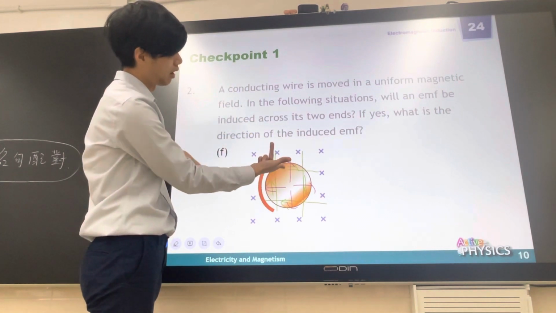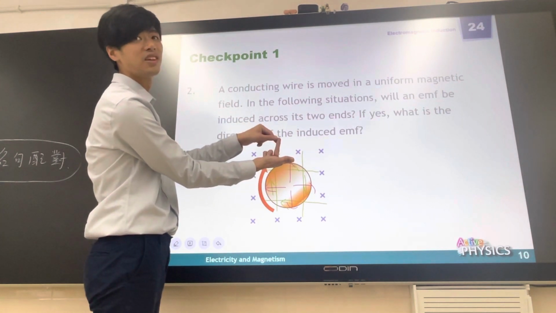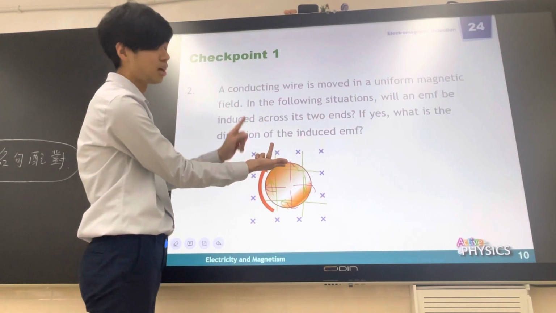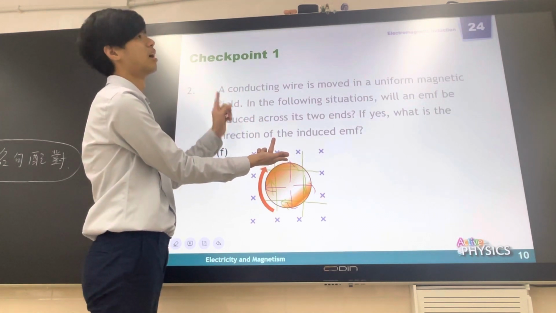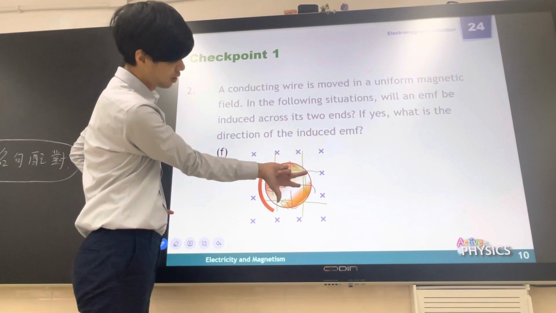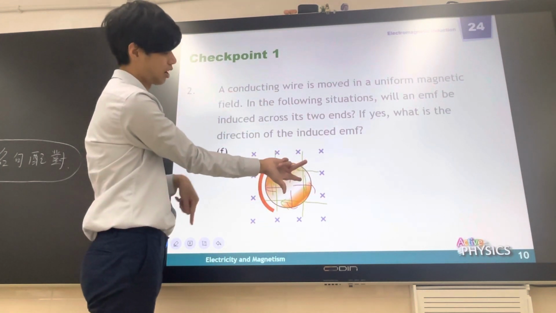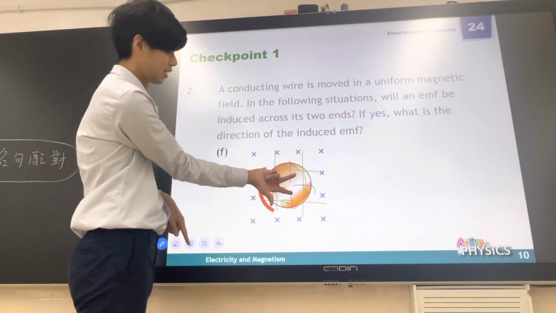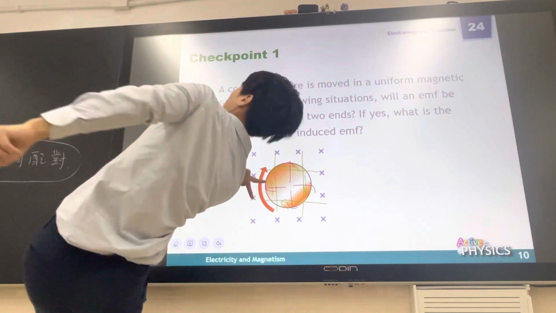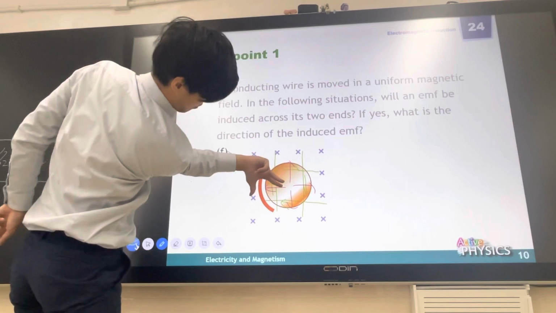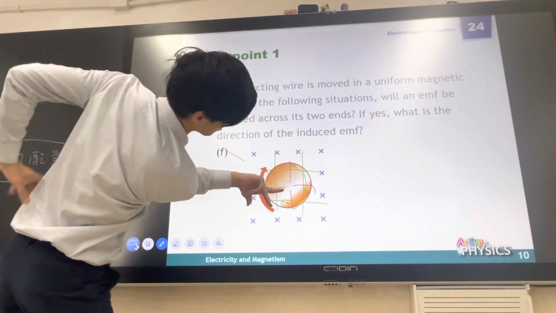So for the upper part, so VBI, so the current is to the top. So for this one, the velocities go down, 因為佢咁樣轉緊。So the current is to the right hand side, and then for the last, so the current is to the bottom.